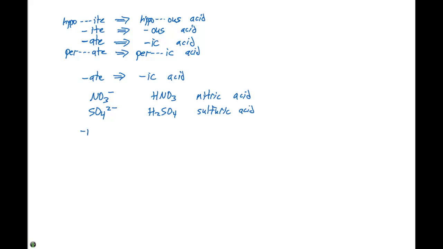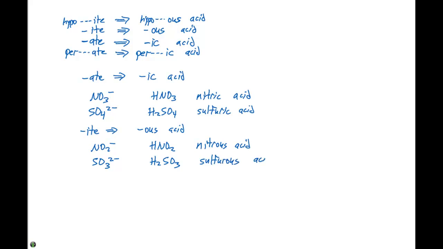If we have an ite ending for our ion, we're going to have an ous acid. For example, if we have NO2-, our acid is going to be HNO2, and we're going to name this nitrous acid. If we have a sulfite, which is SO3 2-, we need 2 hydrogens, so it's going to be H2SO3, and this is going to be sulfurous acid.